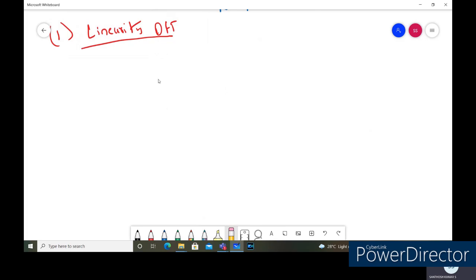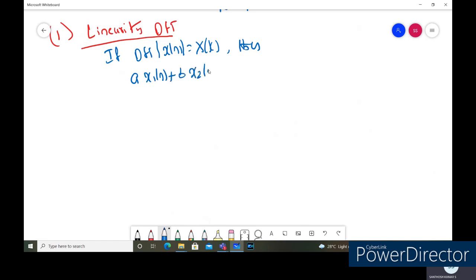The statement of the property is: if the DFT of x1 of n is x1 of k and the DFT of x2 of n is x2 of k, then the DFT of a into x1 of n plus b into x2 of n is a into x1 of k plus b into x2 of k.